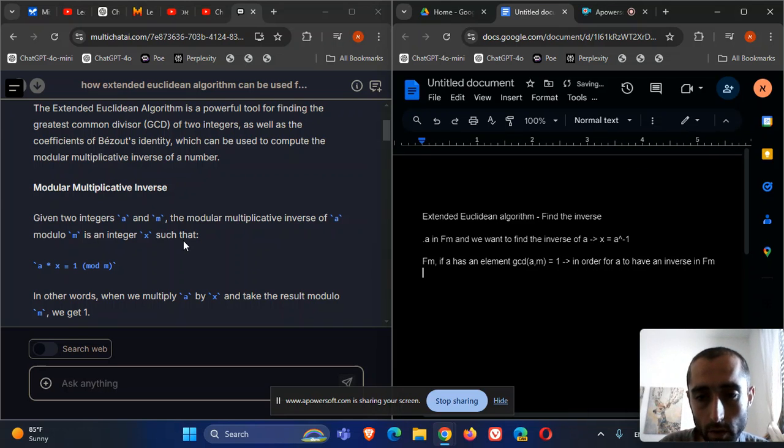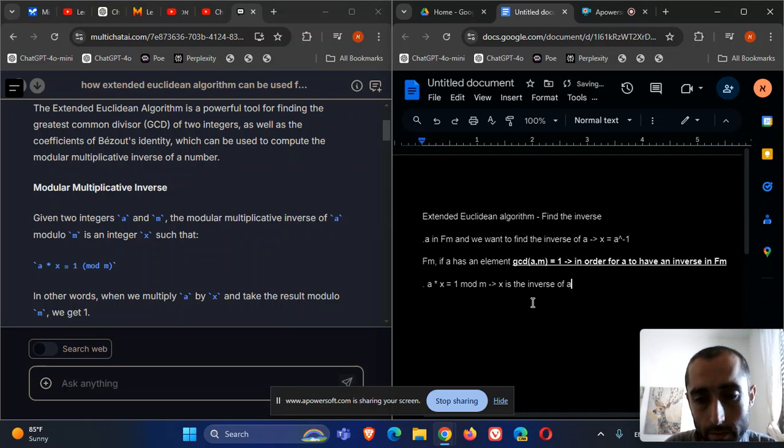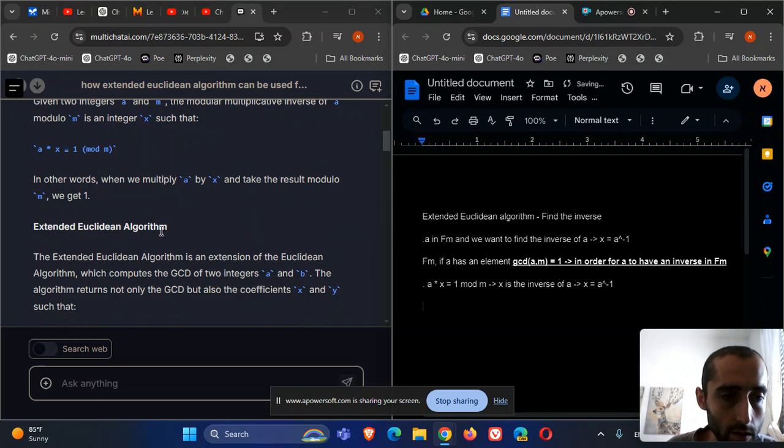And if x is an inverse of A, then A times x equals 1 in modular M. This states that x is the inverse of A, which is A to the minus 1.